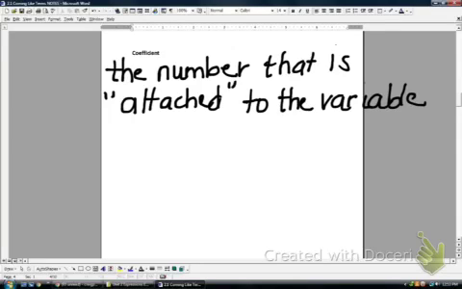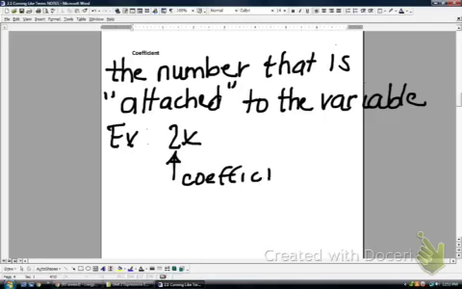And I put attached in quotation marks. That is not a math word. So let's look at an example. So we have 2x. The number that is attached to the variable is the 2. This is the coefficient. And when we have a number and a variable stuck together, like it is here with no sign in between, that means multiply.